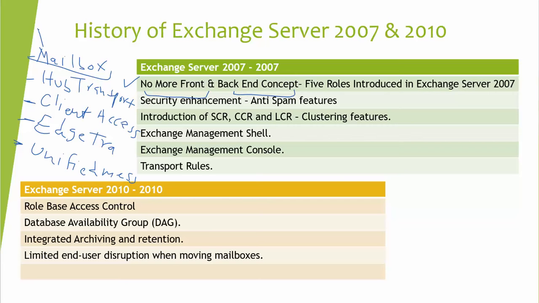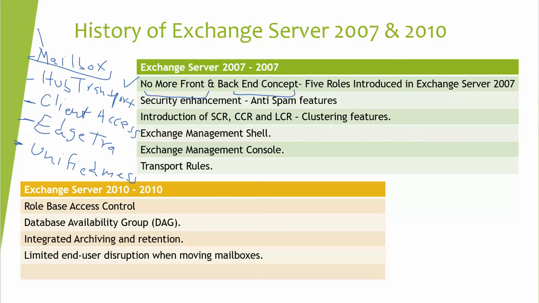So most organizations at that time, when they had Exchange Server 2007 and they still have Exchange Server 2007, they were making sure that the cost of their implementation or the design is not going to go high. That's why they were using hub transport to do both internal and external email transportation.